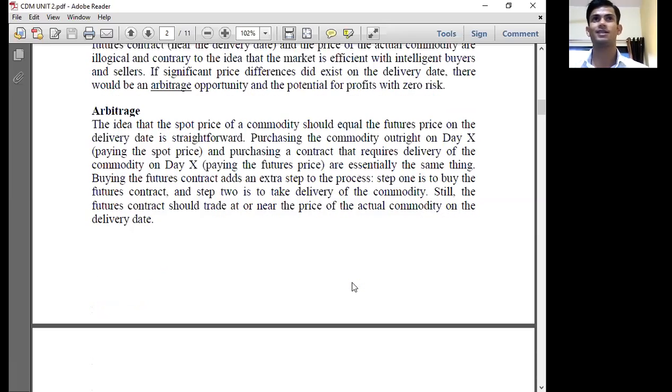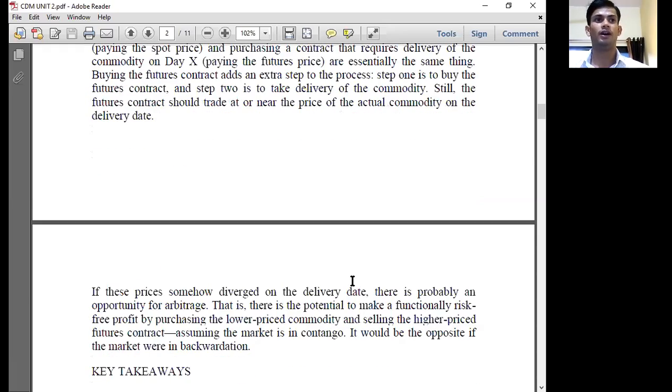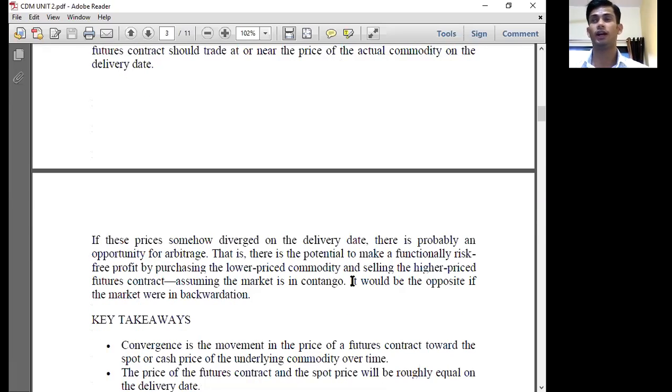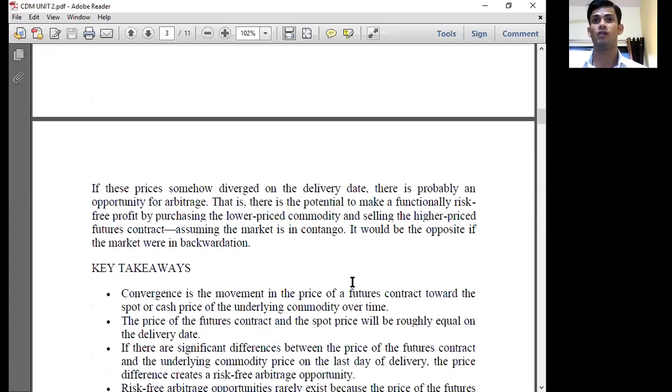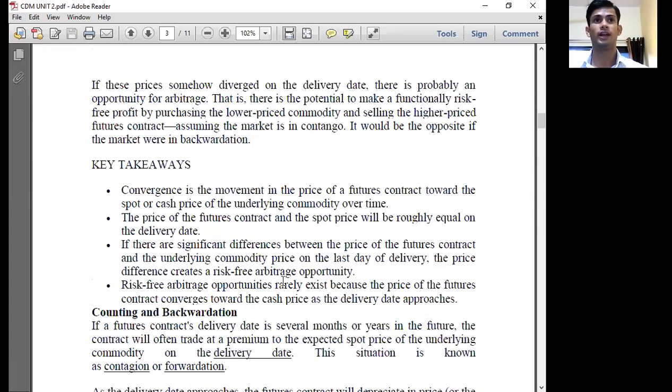Okay. In the last lecture we studied that. Then some key takeaways. Key takeaways are taken for the hedgers and convergence. Like convergence is the movement of the price of the futures contract to the spot cash price of the underlying commodity over time. Over time commodity कधी होते ते बघायचं.